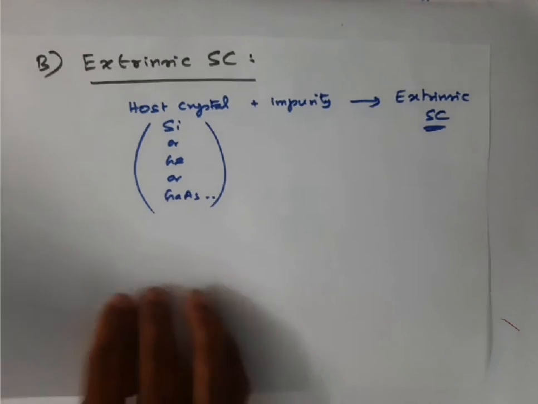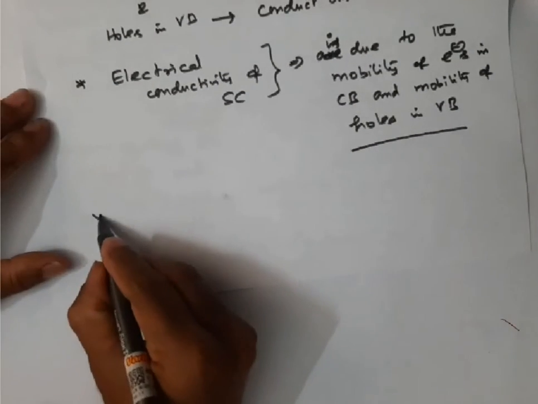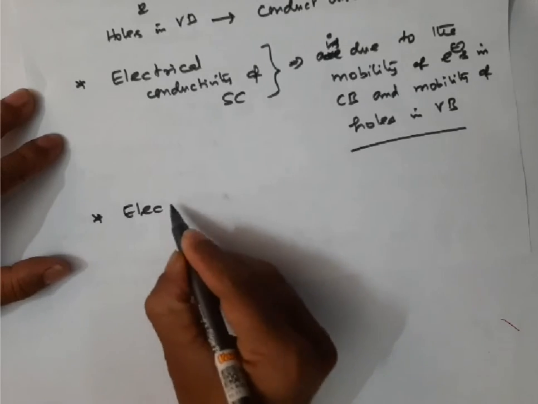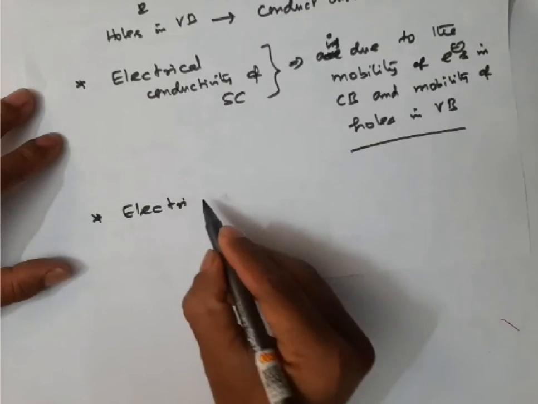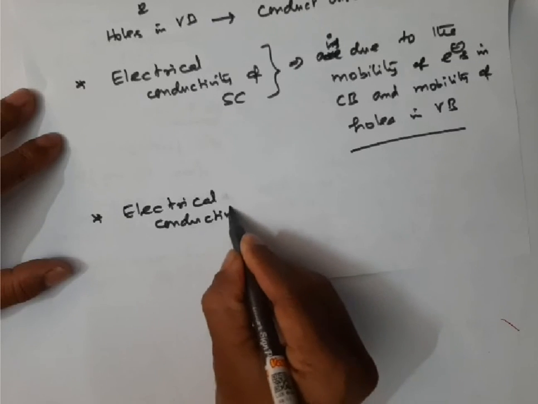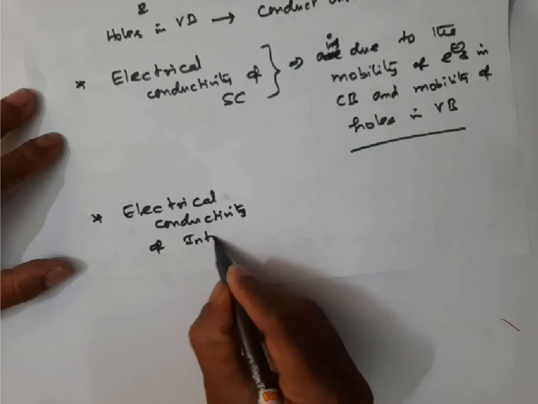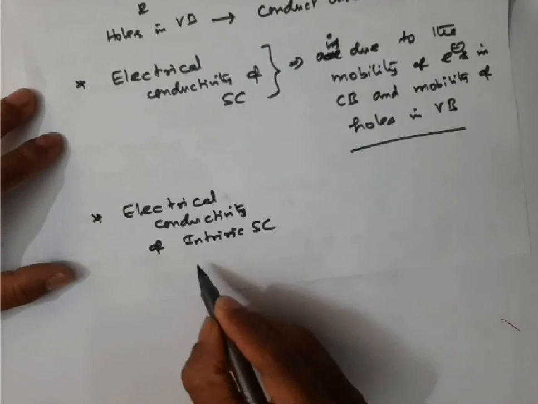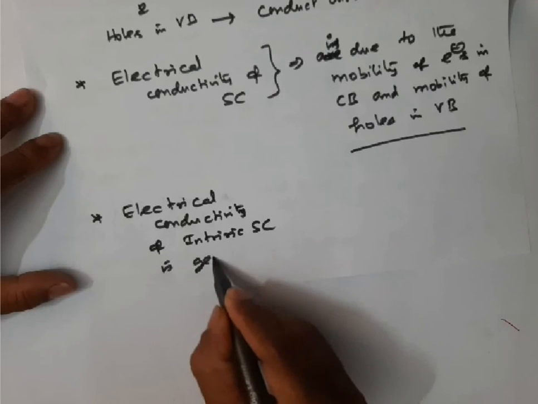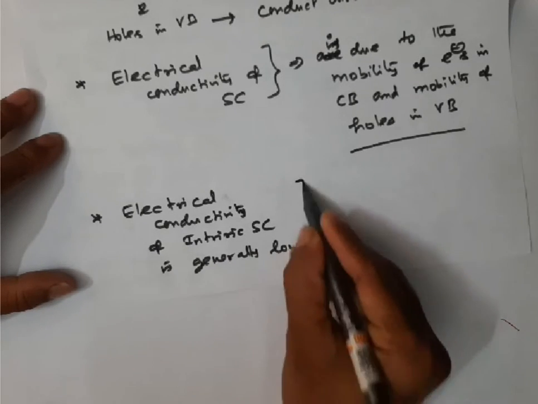Let me write that point, this is also very important. Listen, electrical conductivity, this is under intrinsic semiconductor. Electrical conductivity of an intrinsic semiconductor is generally low.